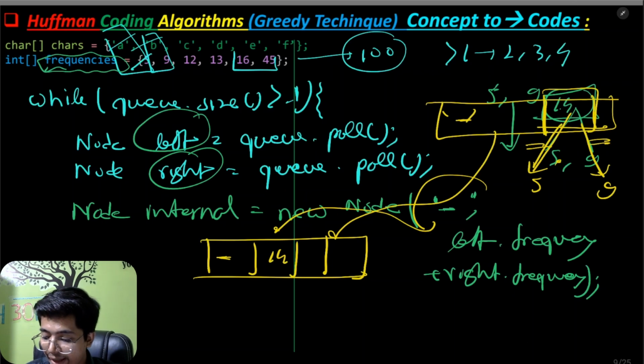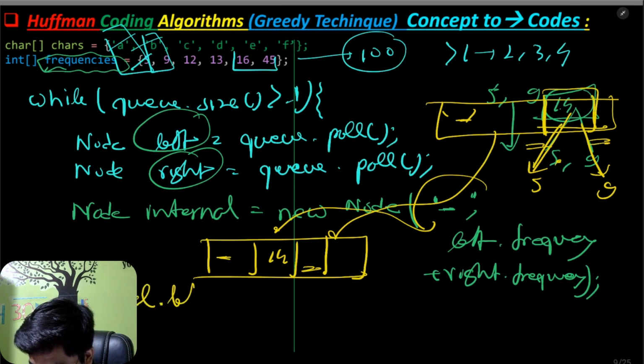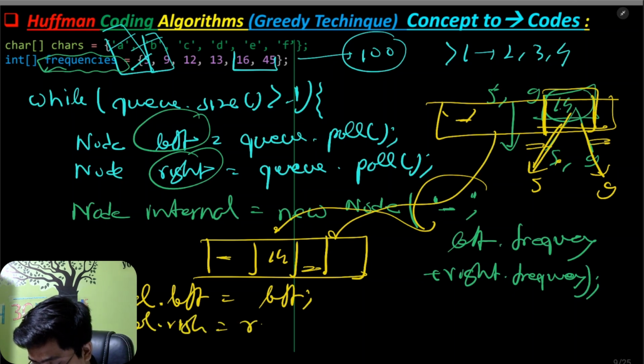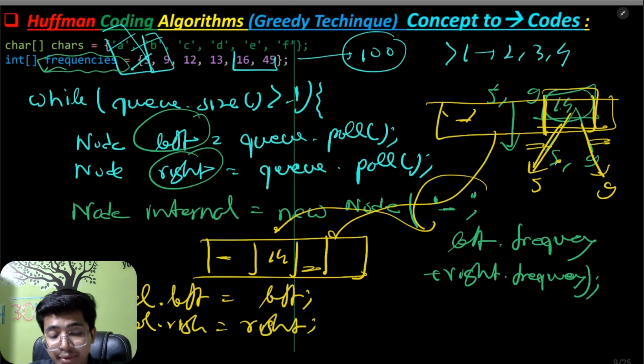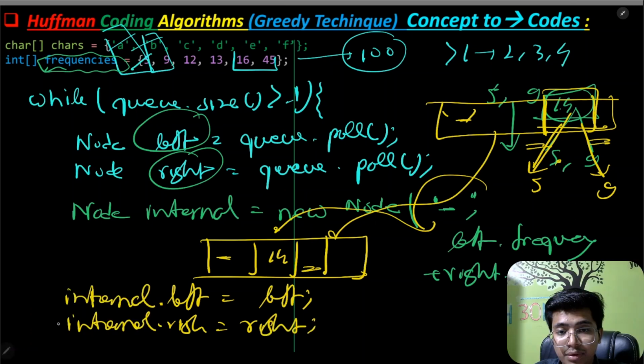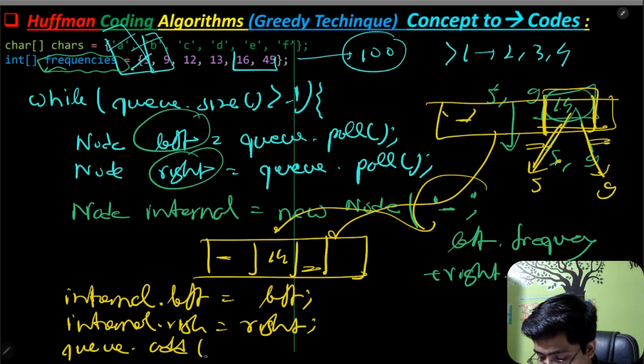So for that we will again assign that value in the node portion. That means internal dot left equals left, internal dot right equals right, and now kiwi dot add of internal.